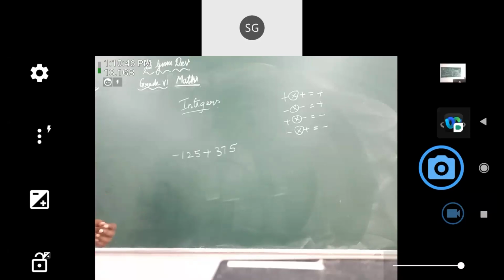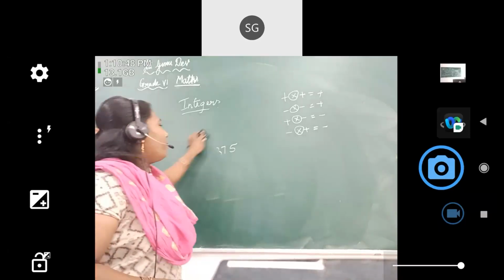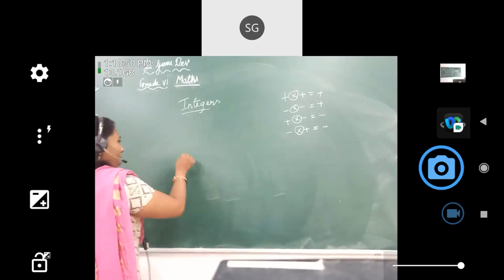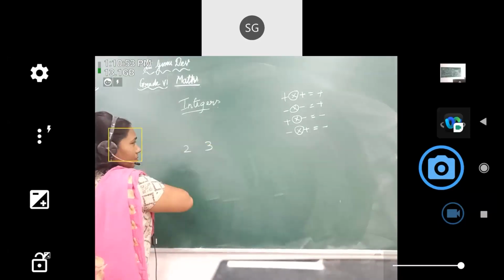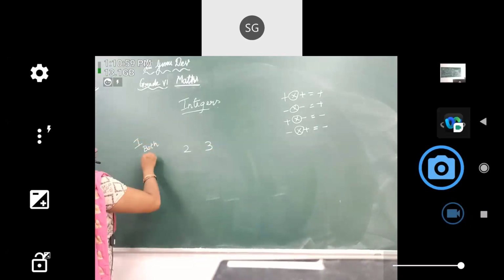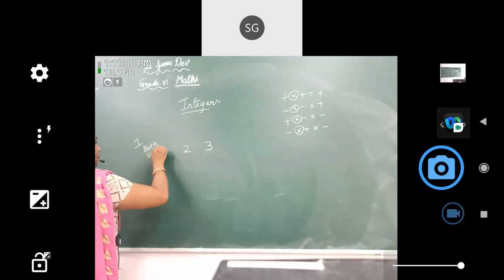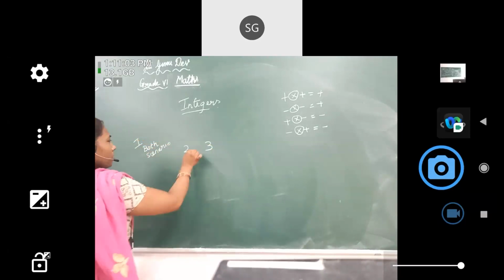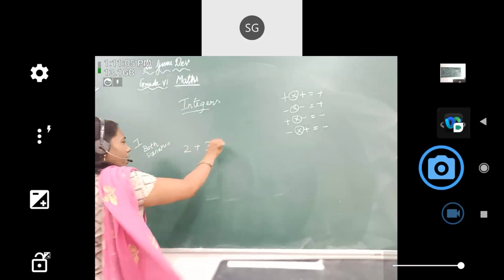So now let me explain that with small numbers. Let me take 2 and 3 itself. First scenario, both positive. Here both are positive, right?